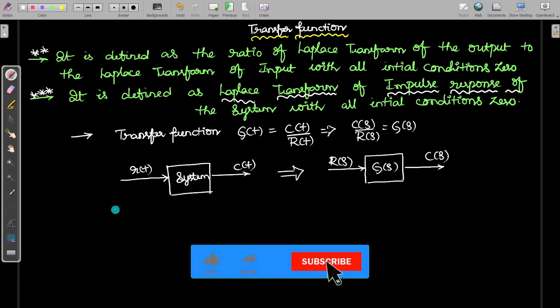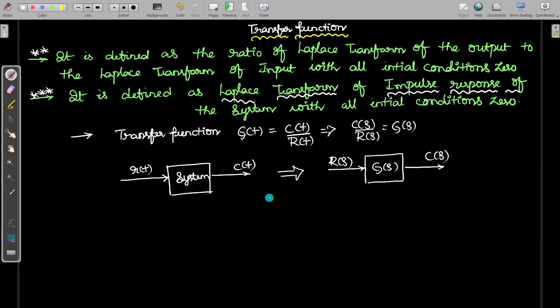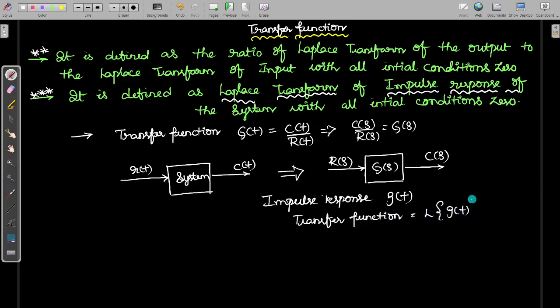Another definition: you have to take the impulse response. Let us take the impulse response of the system, here it is g of t, small g of t. Another definition states that the transfer function is equal to the Laplace transform of this impulse response.